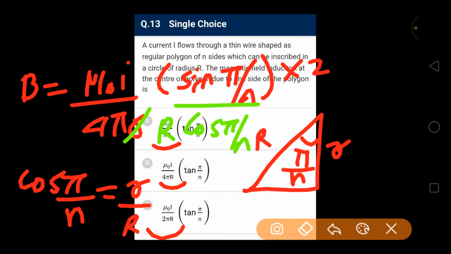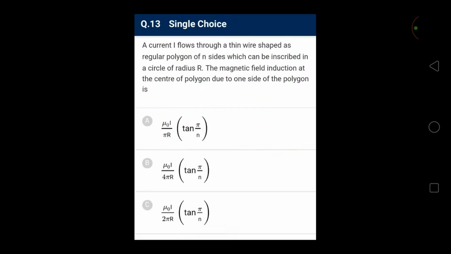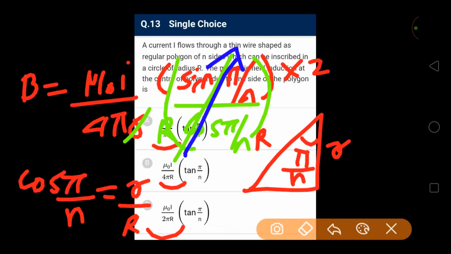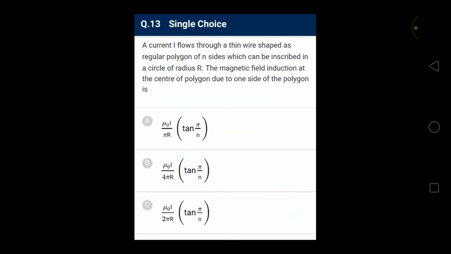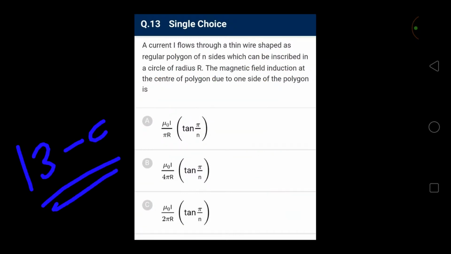So sin pi by n by cos pi by n is nothing but tan pi by n. So mu naught I by 2 pi capital R into tan pi by n. Option is C.